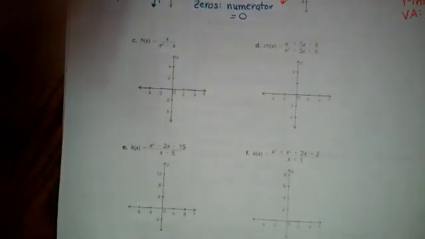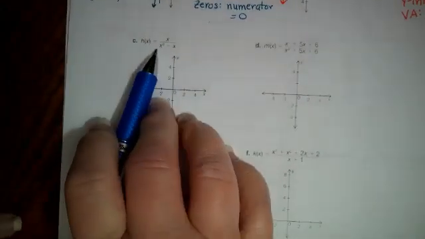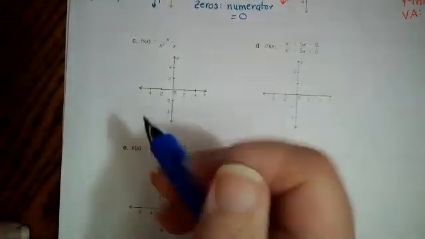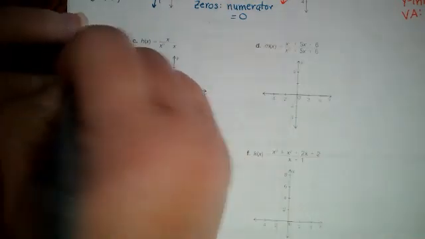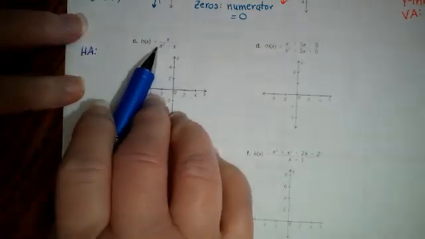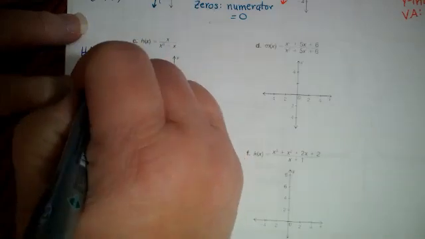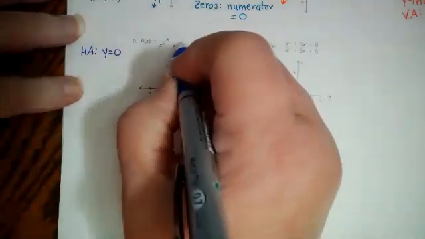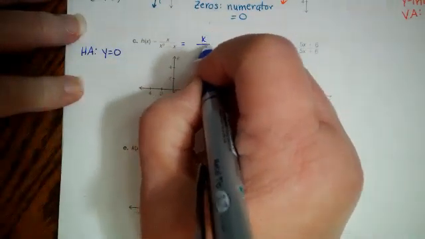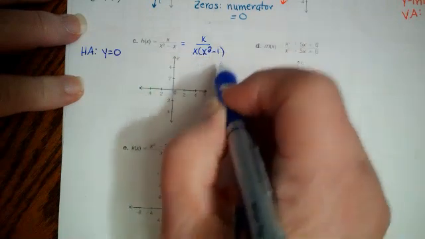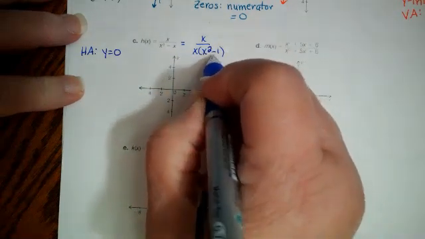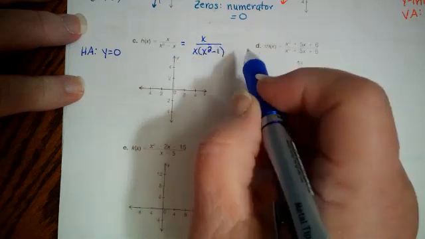Letter C. x over x to the third minus x. So we'll start with horizontal asymptote. Bigger on bottom, y equals 0. Now we're going to factor. Well, this denominator, I see it. That x squared minus 1 is going to factor again.